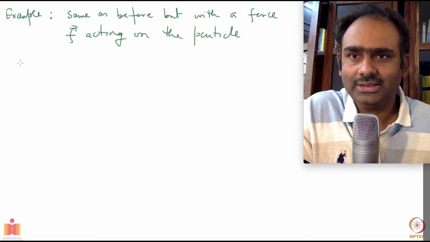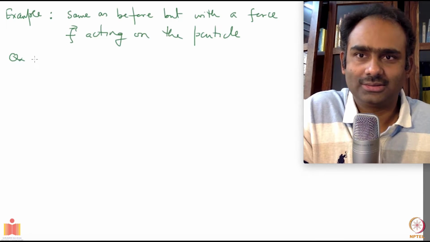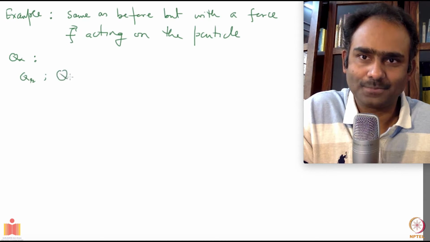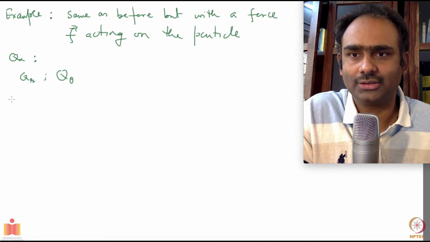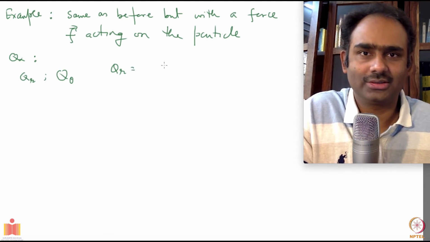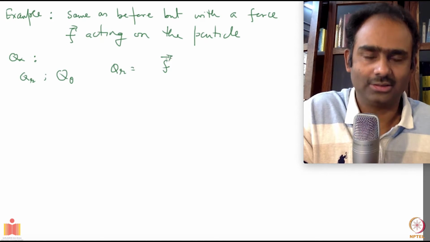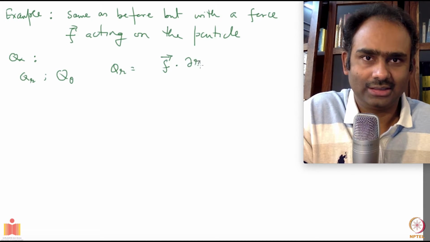Okay, so let's see. So I have to look at Q alpha, where in our present case it becomes Q r and Q theta. Okay, and what are Q r and Q theta? So Q r is F, there is only one particle, so there is no label on the particle, dot del R over del r.